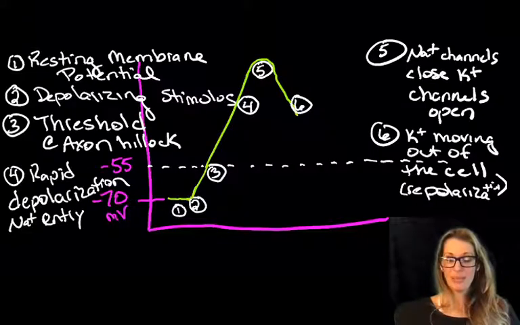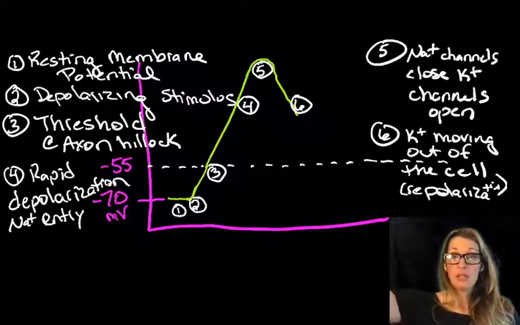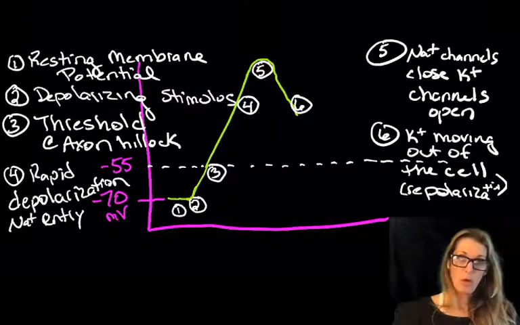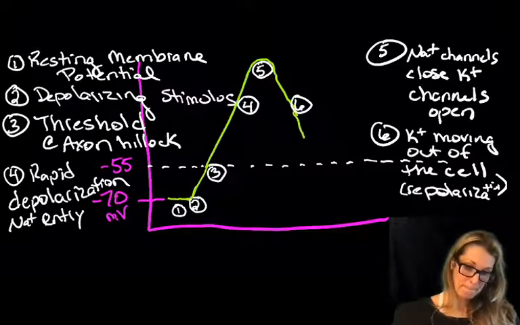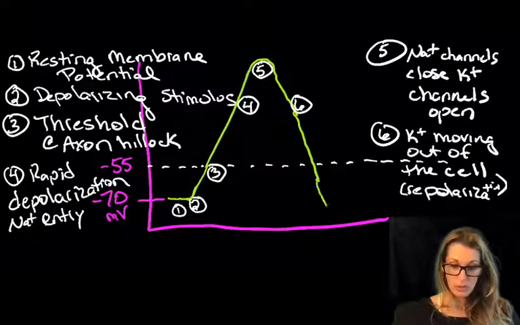Okay, cool. Potassium is moving into the extracellular fluid. This causes that positive internal environment to start to come back down to a negative internal environment, and that continues. We come all the way down and actually go a little bit below that negative 70.